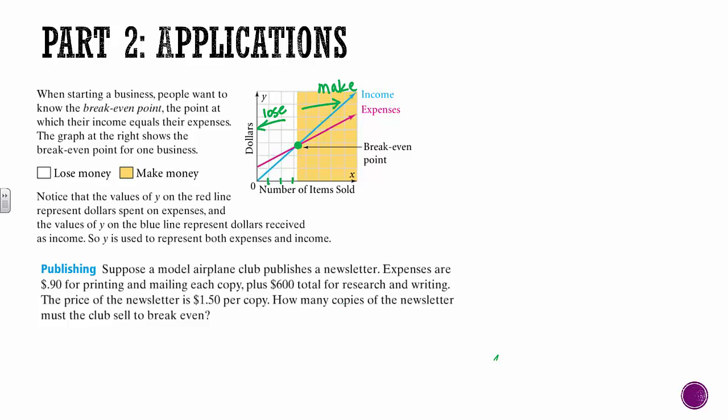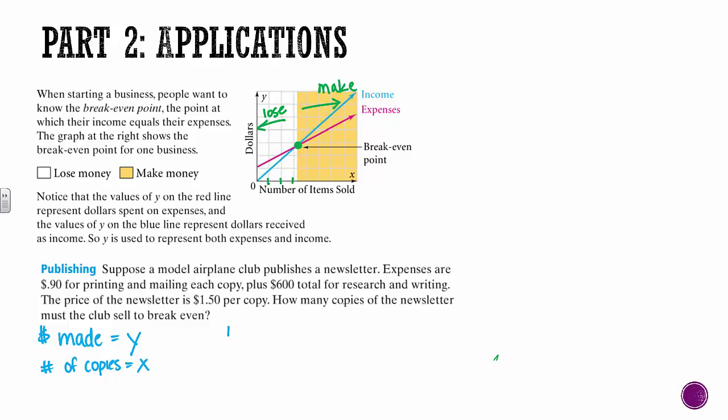So the things we don't know are income and expenses, so money, and the number of copies they're going to sell. So money made, we'll make that Y. Number of copies, we'll make that X.